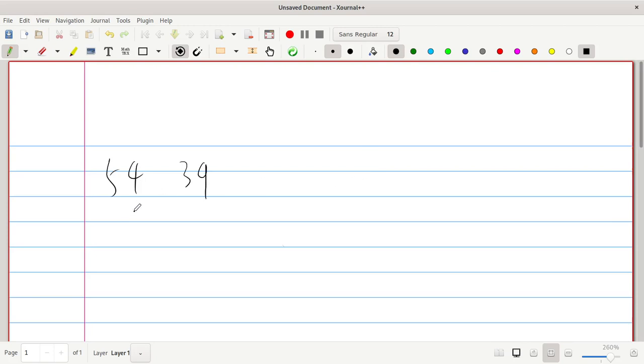So again, we're going to take the remainder when dividing 54 by 39, and in this case that should be 15. And then we're going to take the remainder dividing 39 by 15. So twice 15 is 30, so the remainder is 9.